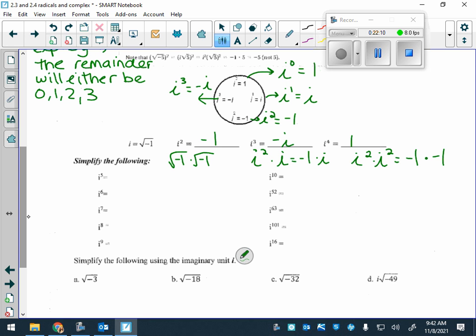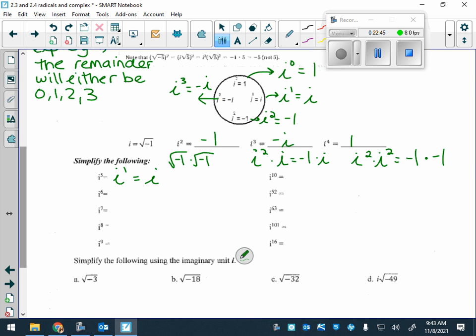So for example, 4 goes into 5 how many times? Once. How many are left over? 1. So i to the fifth, because there's a remainder of 1, is equivalent to i to the first, which is what? Just i. 4 goes into 6 how many times?